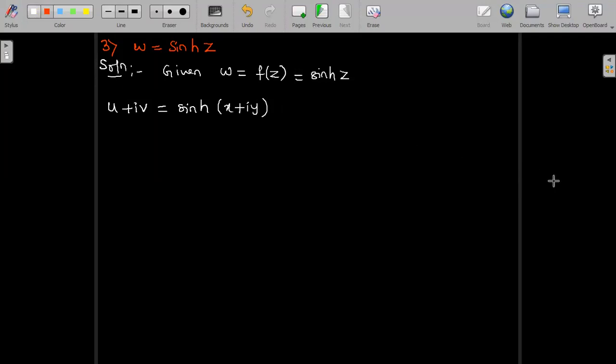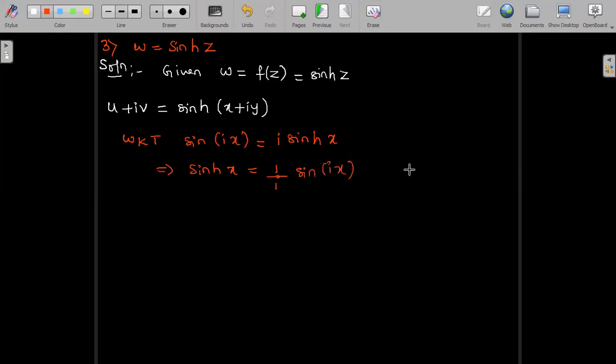So let us recall the expression we know for hyperbolic to trigonometric. We know that sine of ix is equal to i into sine hyperbolic x. But I just want to know what is the expression for sine hyperbolic x, no? So this becomes 1 divided by i into sine of ix.